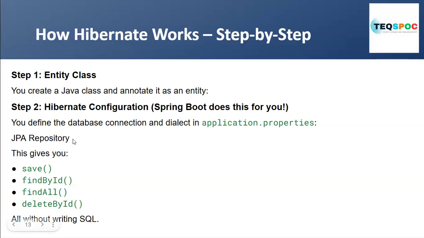Then in the repository we extend JpaRepository. In JpaRepository we have some built-in methods: the save method to save data, findById to find by ID, findAll to fetch all the data, and deleteById to delete by ID. These are all predefined methods, so for them we do not have to write SQL queries.